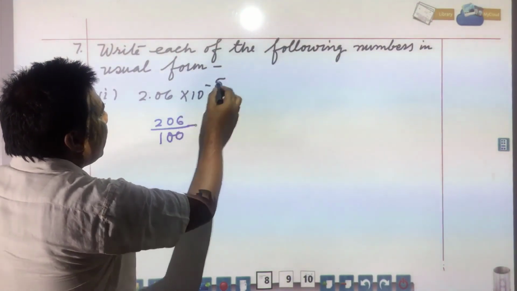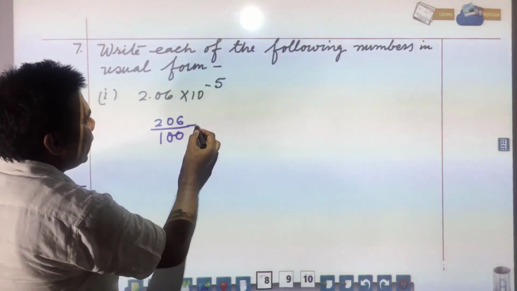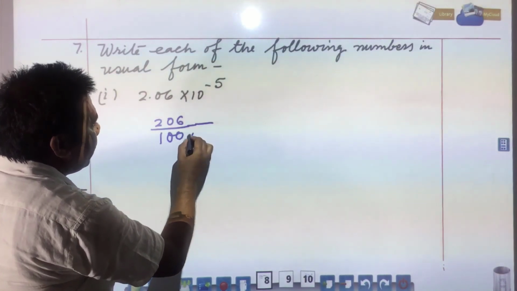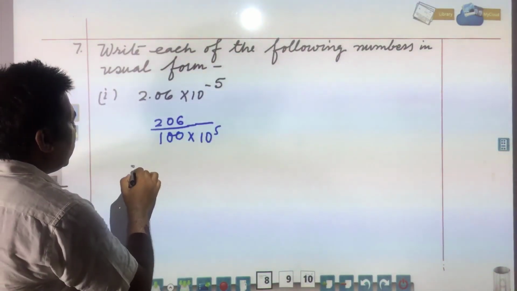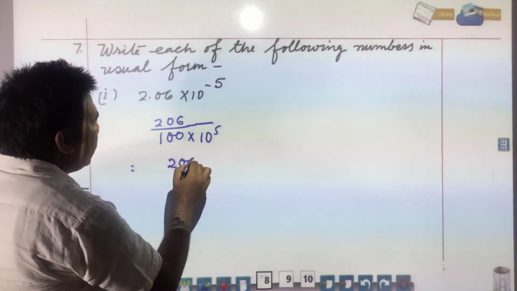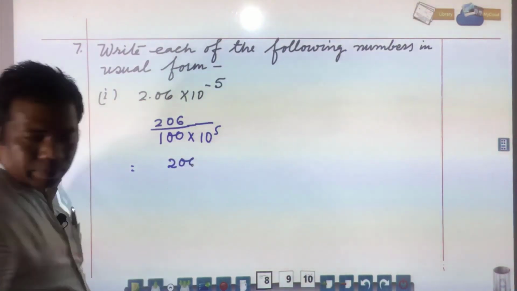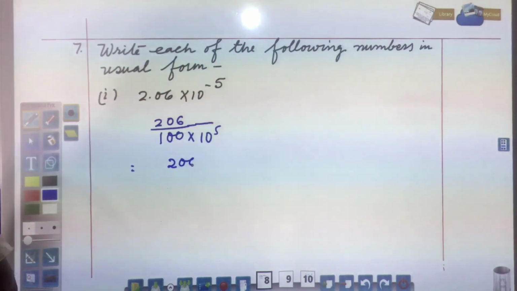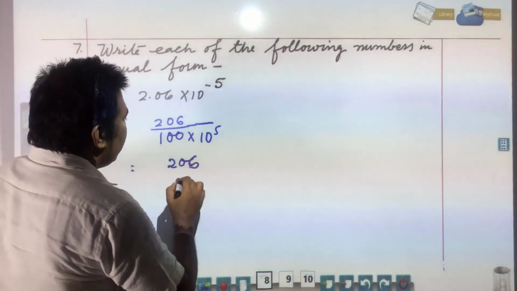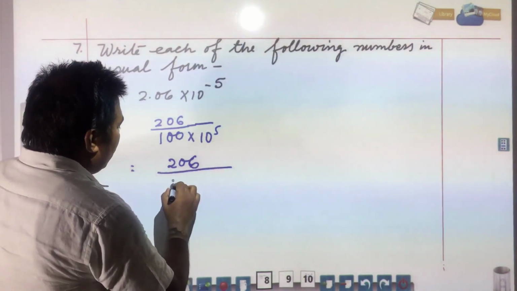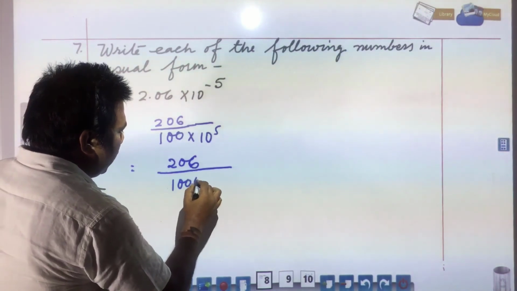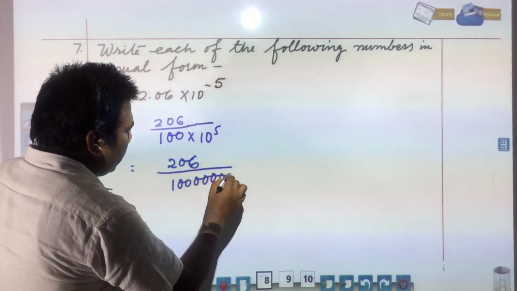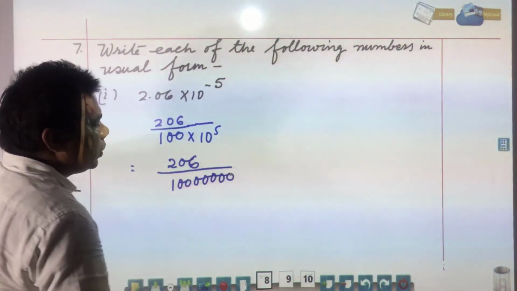This 10 to the power minus 5 what you have, that can be brought down and can be written 10 to the power 5. And now, this became 206 divided by 100 and again 5 zeros, 1, 2, 3, 4, 5, altogether 7 zeros you got.